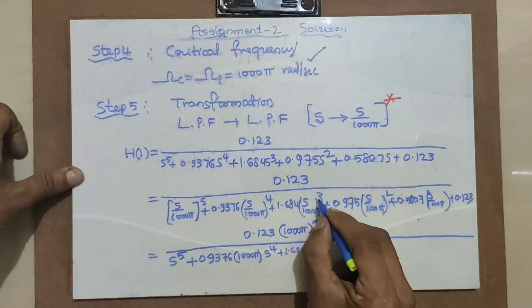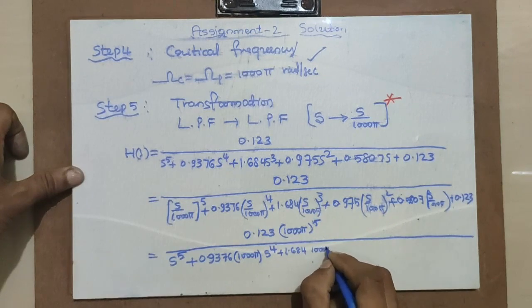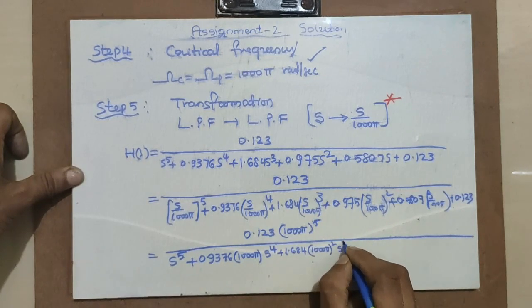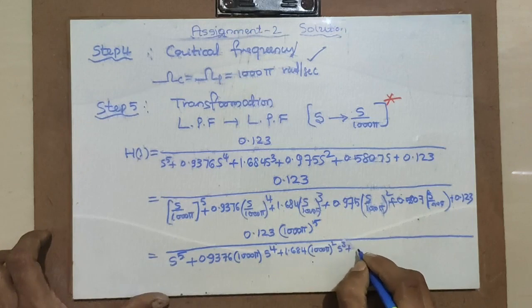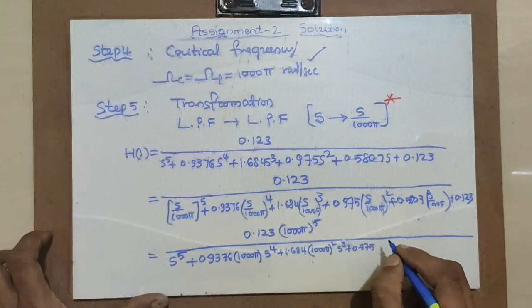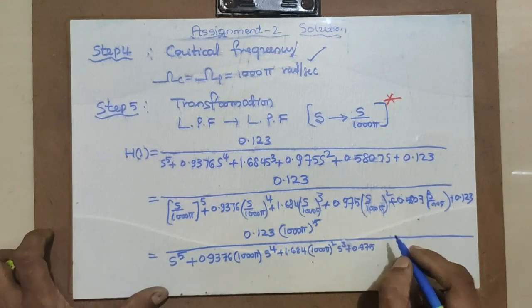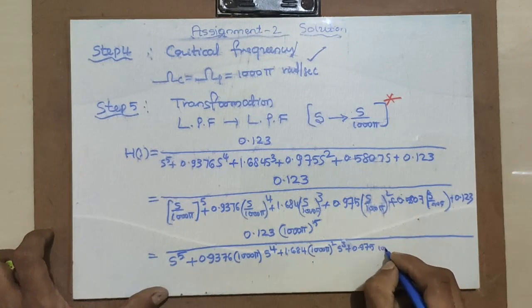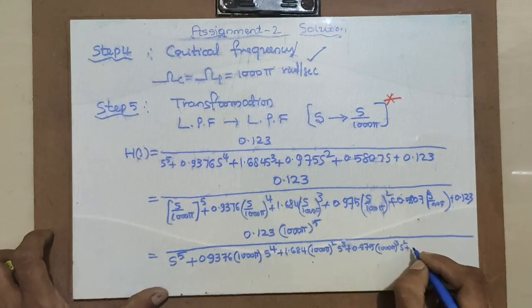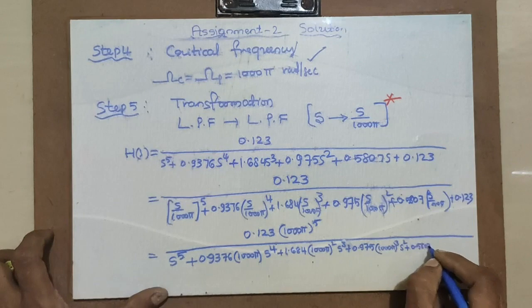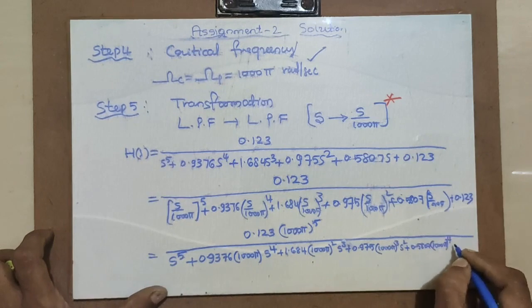s^3 is there, divided by (1000 pi)^3, hence here (1000 pi)^2 comes into s^3, plus 0.975 s^2 is there, hence here (1000 pi)^3 comes, plus 0.5807 s is there, divided by 1000 pi, that means (1000 pi)^4 into s.